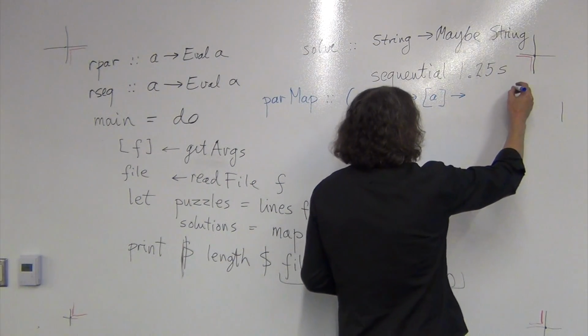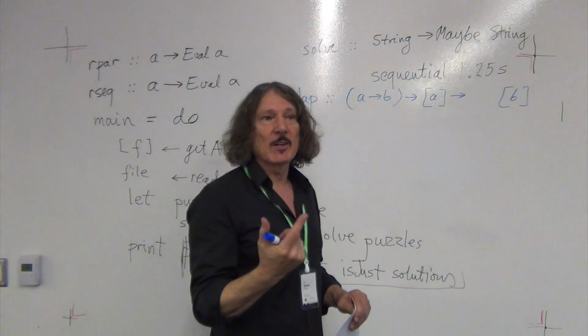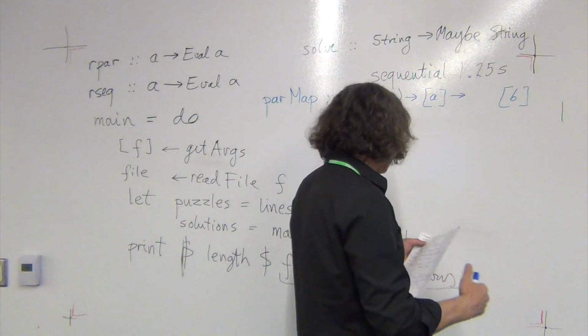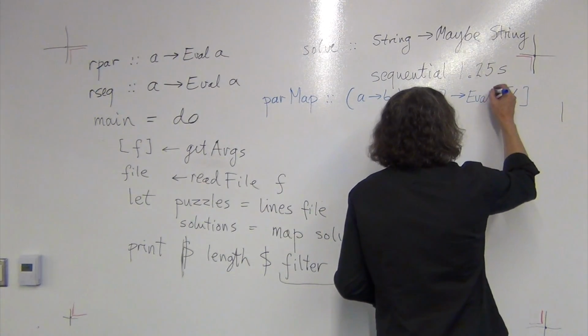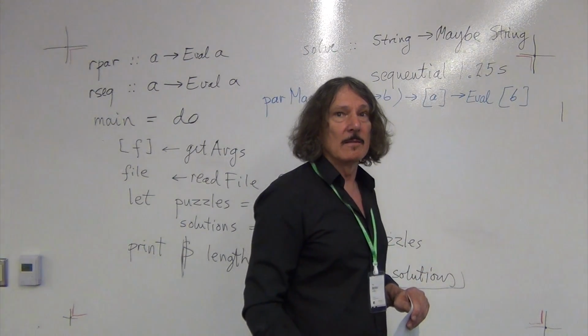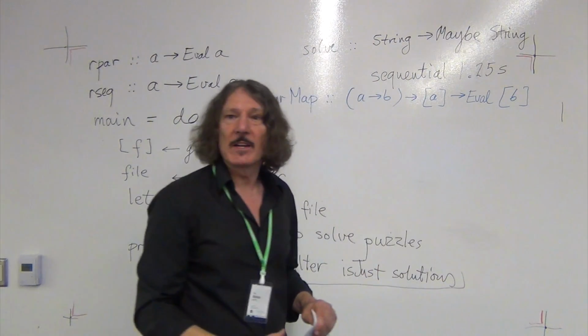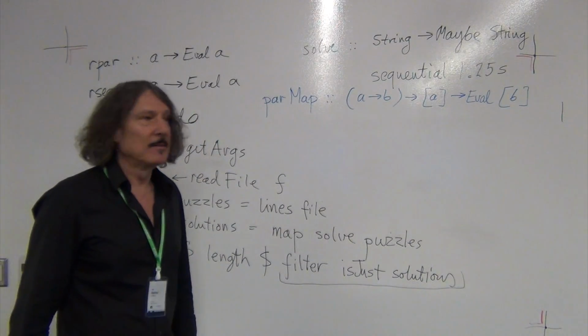And normally you would say that it produces an array of B's, right? Except that we are sparking this stuff, and sparking produces the Eval, encapsulates the result in Eval. So it will produce an Eval of a list of B. Okay? So it's very, very similar to map.